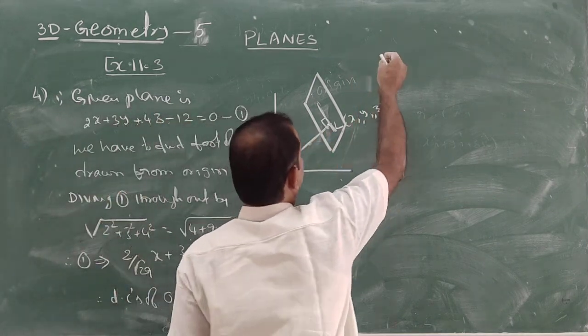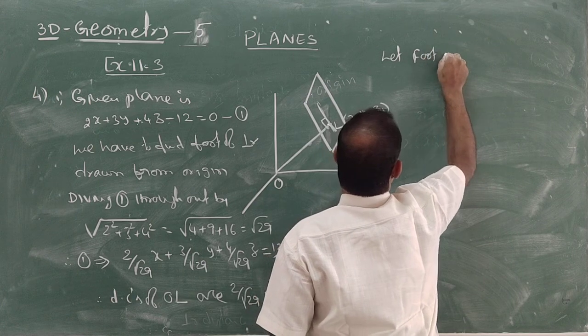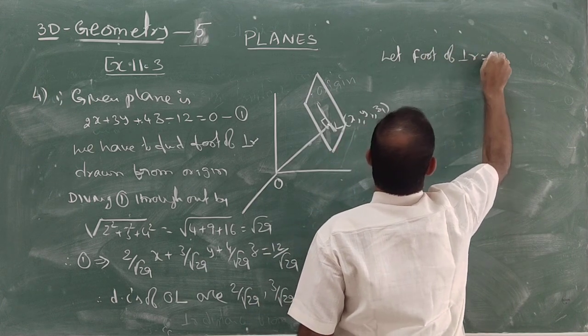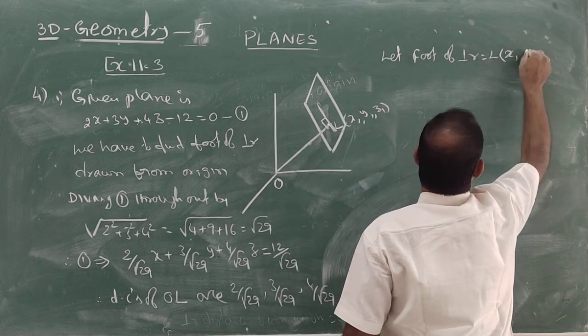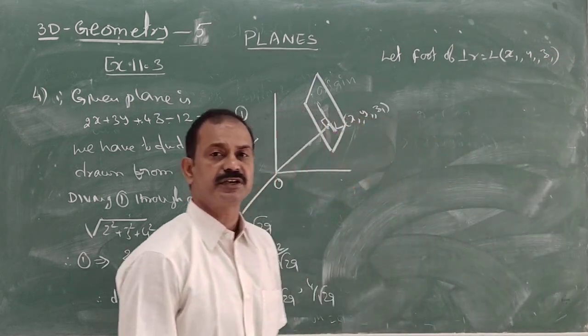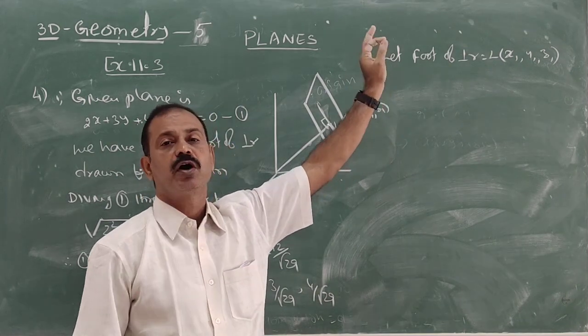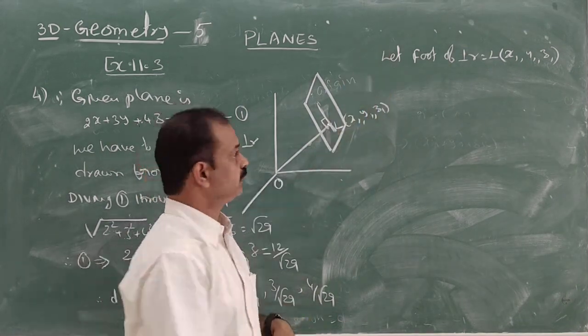But here, let the foot of the perpendicular be L of x1, y1, z1. We are assuming that x1, y1, z1 are the foot of the perpendicular.